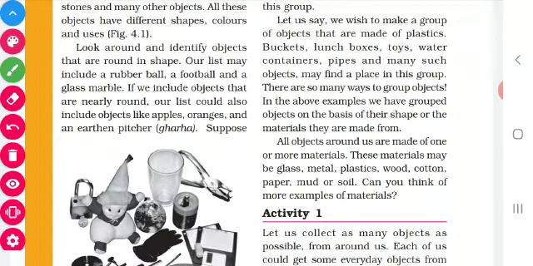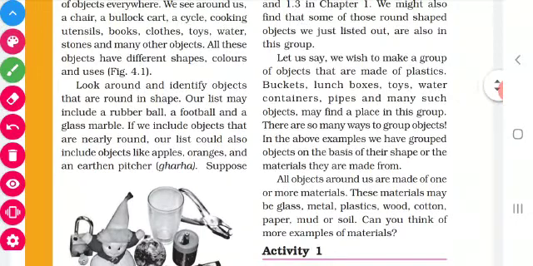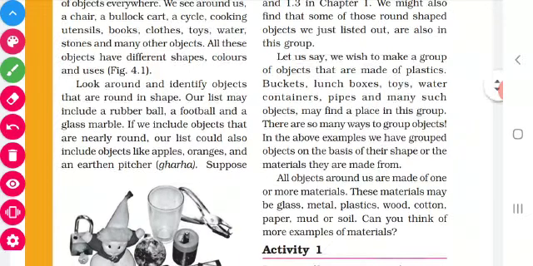In that, if I tell you to sort out round objects, you will say a football, a rubber ball, or apple, orange, earthen pitcher, like that. Now I am asking you to select eatables from them. Then you will not select the rubber ball or the football. You will select apple, orange, like that.